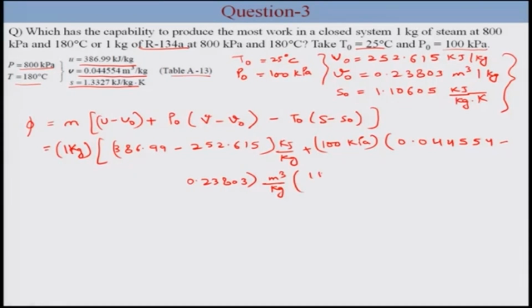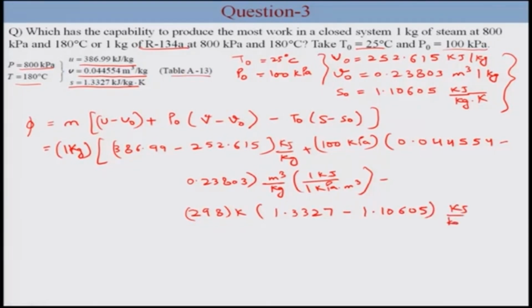Again 1 kilojoule is equal to 1 kilopascal meter cube, minus T0, which is 298 Kelvin, times S, 1.3327, minus S0, which is 1.10605 kilojoule per kg Kelvin.